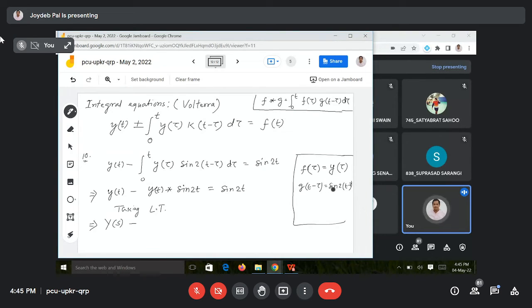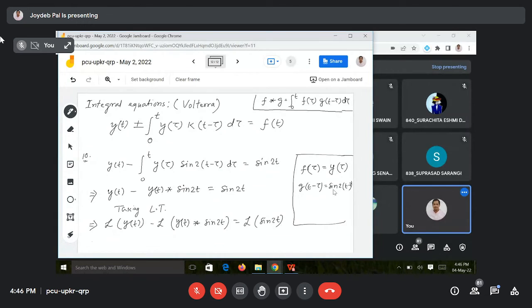F s into g s, right? Laplace transform of y t minus Laplace transform of y t star sin 2t is equal to Laplace transform of sin 2t.